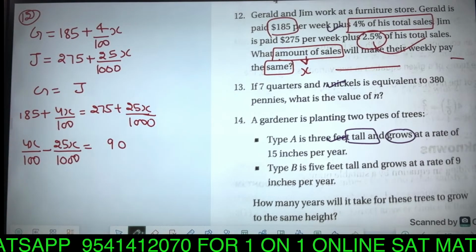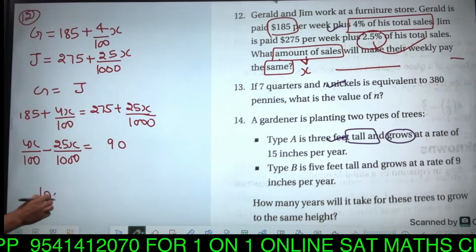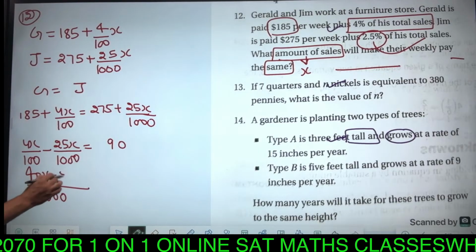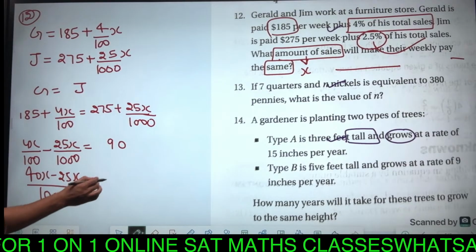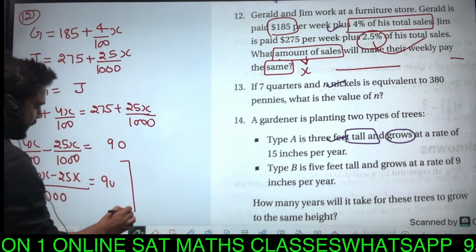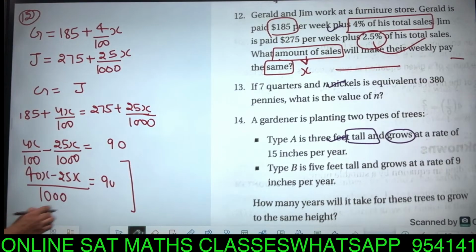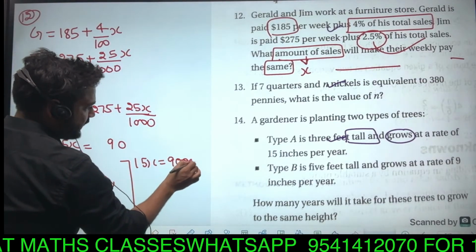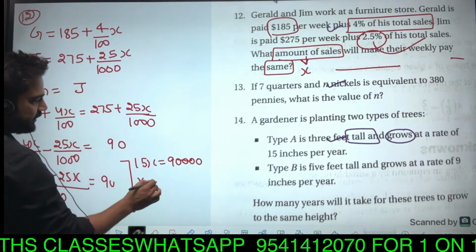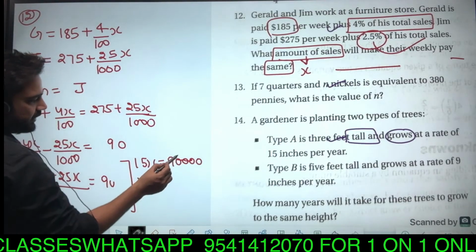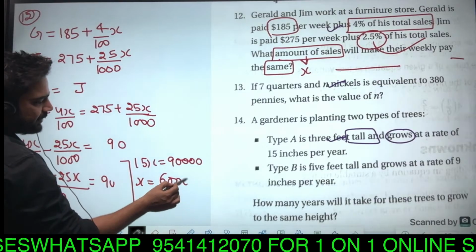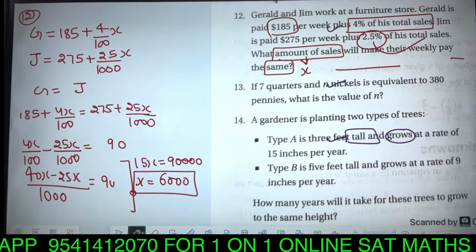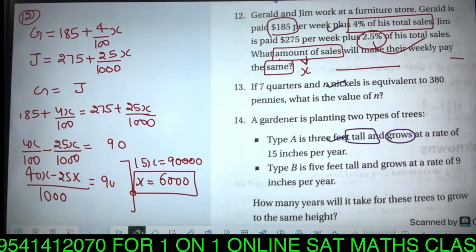Now if you take the LCM here, the LCM will be 1000, and it will be 40x minus 25x is equal to 90,000. So 40x minus 25x is 15x. So 15x is 90,000, and x will be 6,000 after cancelling. So 6,000 will be the total amount of sale so that their weekly pay is equal.